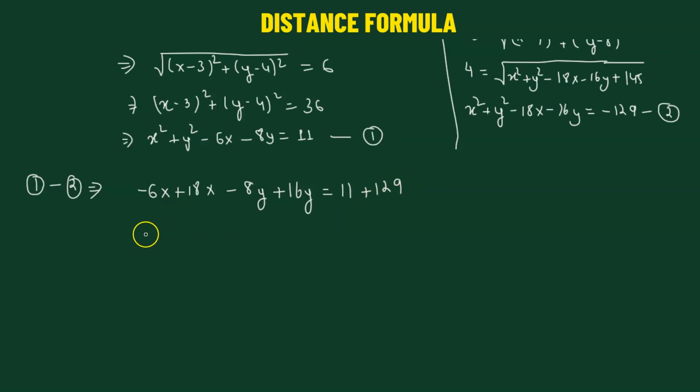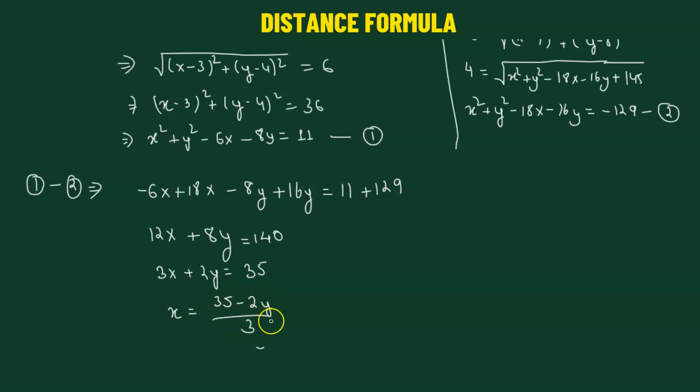So that's going to give us 12x plus 8y equals 140. Now if we divide each term by 4, we have 3x plus 2y equals 35. Now let's isolate x. So x will be equal to (35 minus 2y) divided by 3. We're going to label this as equation number 3.